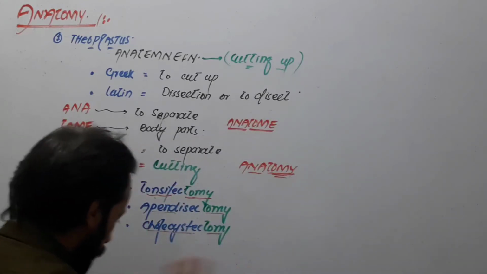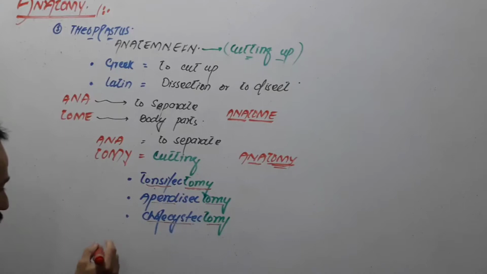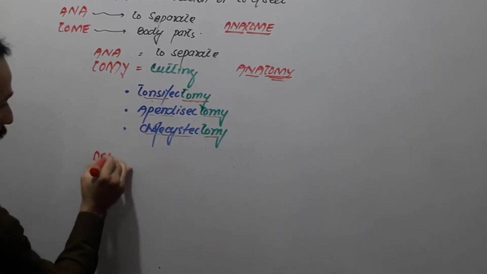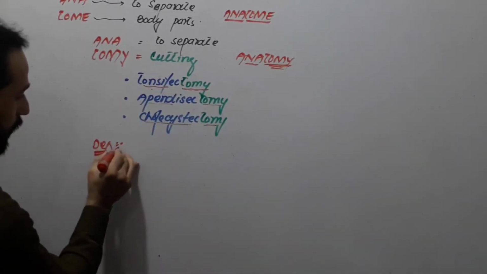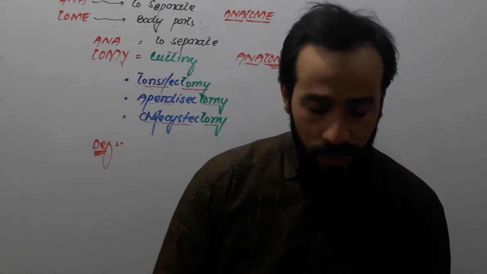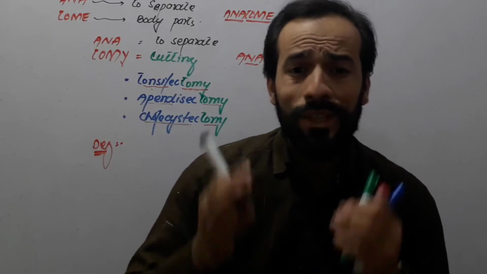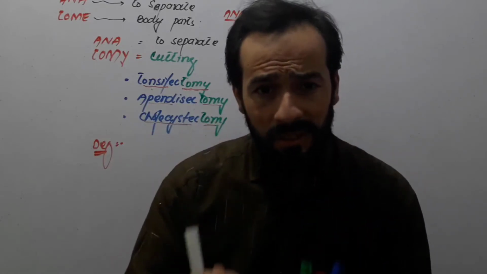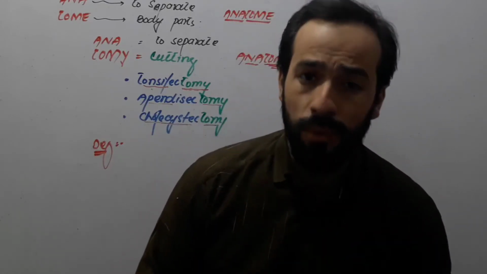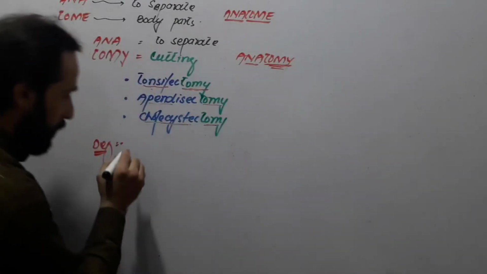Now let me define anatomy. If we want to define anatomy, how will we define it? It's very easy, friends. It is the science which deals with the structural organization of the body of living organisms. Let me write it here.